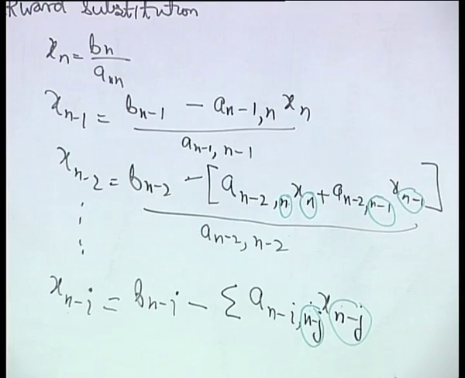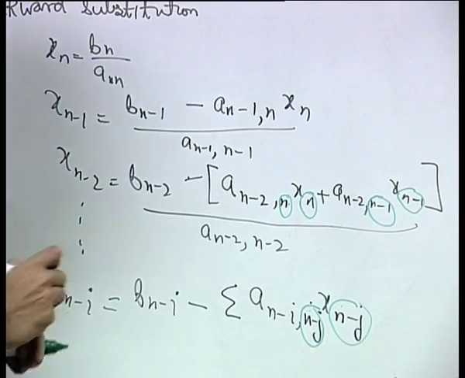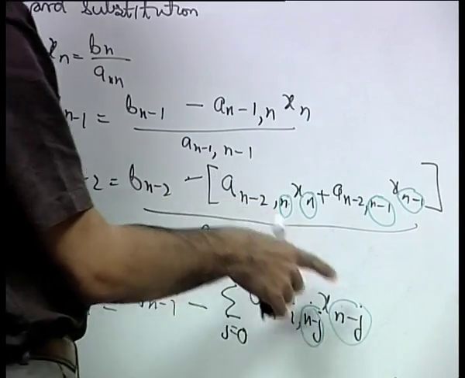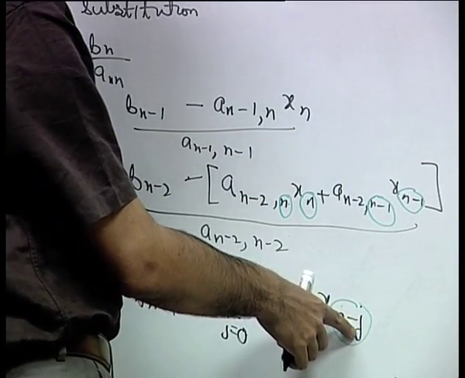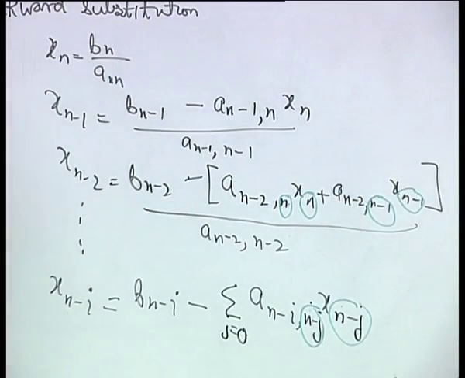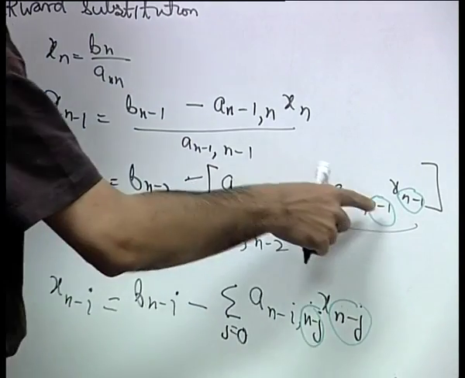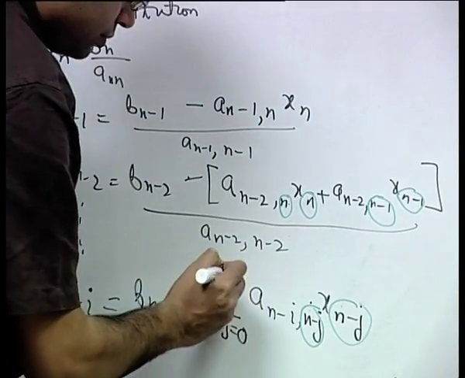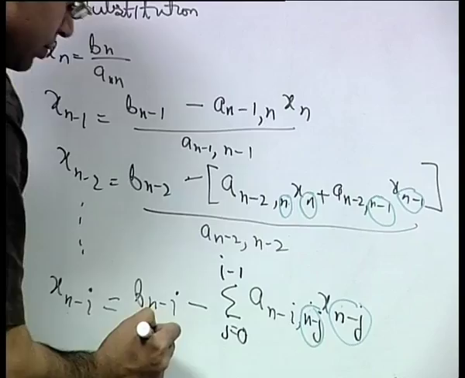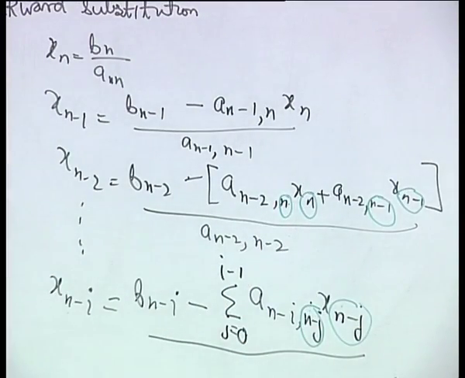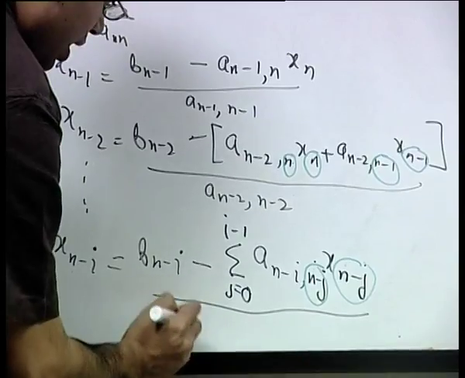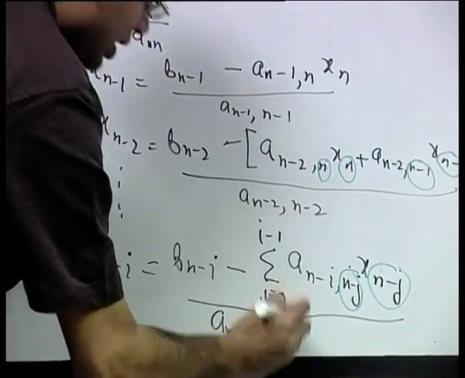So, j will run from first j is 0, because then this is n, then j is 1. In this way, where will it stop? So, i minus 1, because this is 2, it stops with 1, this is i, it will stop with i minus 1. This divided by a_{n-i,n-i}.